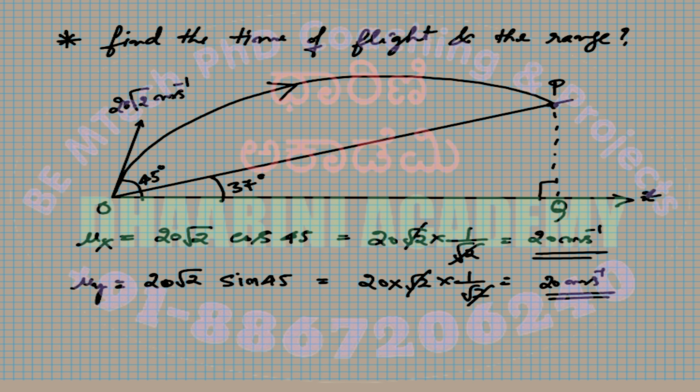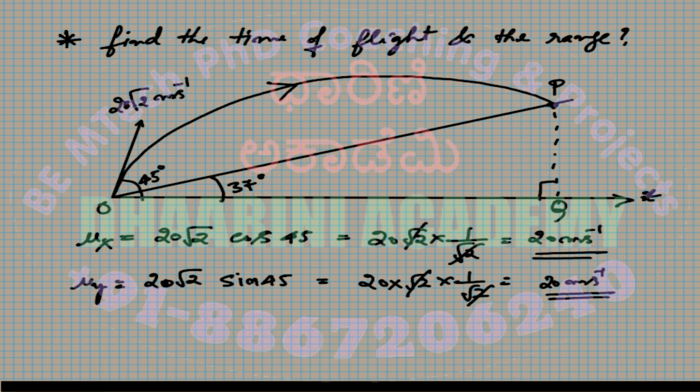Now, since the horizontal distance is being considered, the particle strikes the point P after t seconds. If it hits the point P after t seconds, I am able to find the horizontal displacement, that is OQ.